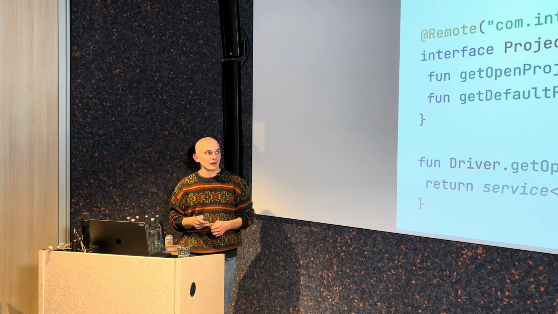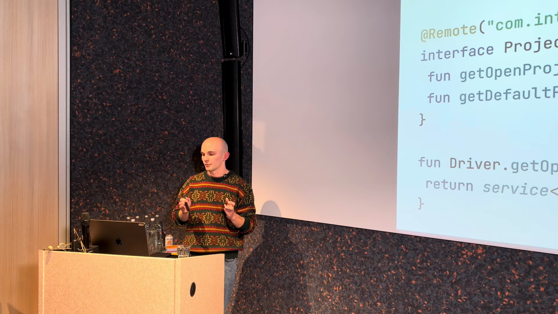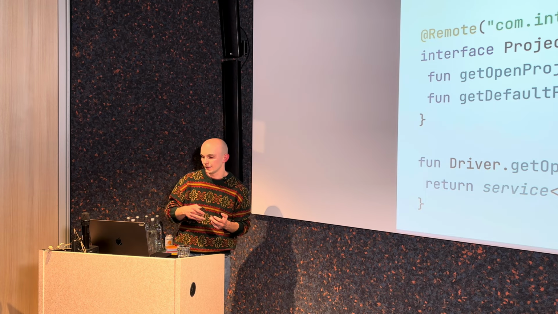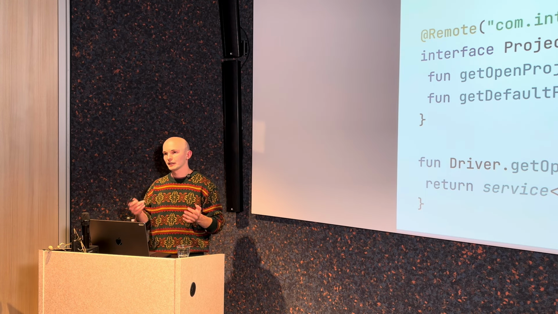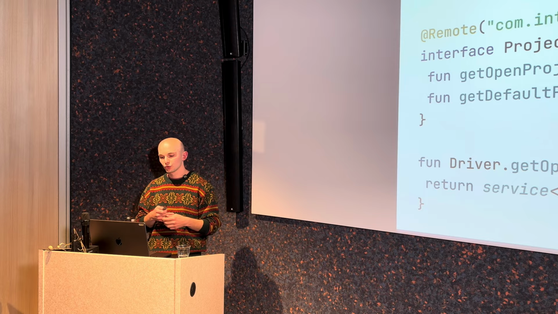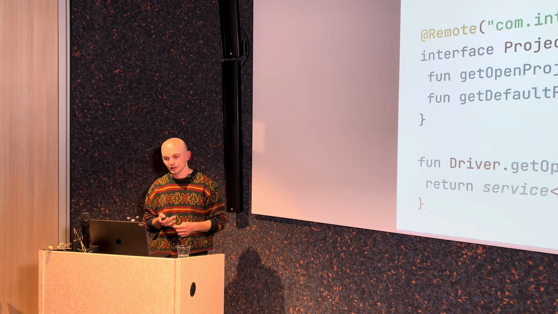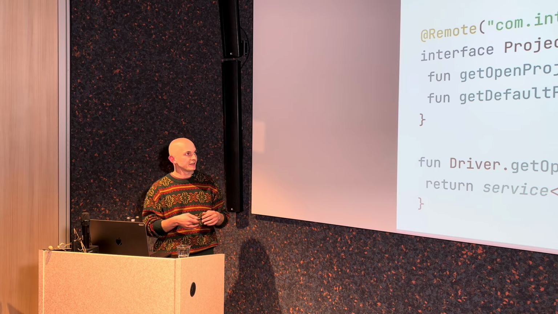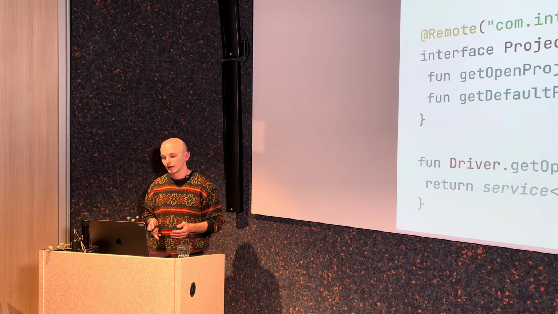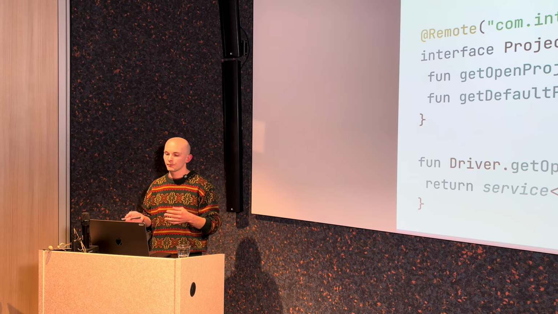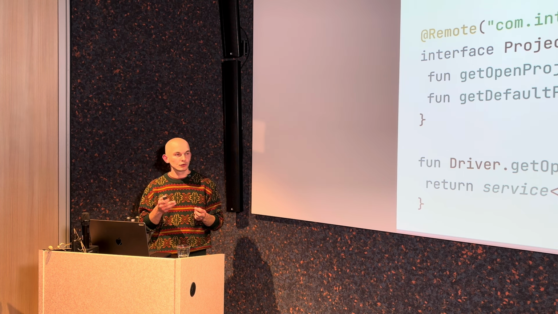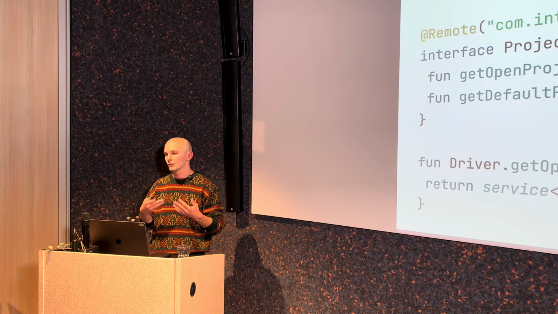So, for example, I want to interact with the project manager from the IDE platform code, and I want to check that at least one project is opened now. I can do it by simply creating some interface in the test code that will point to the original class with the remote annotation.